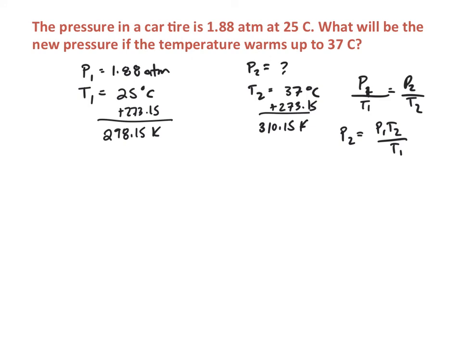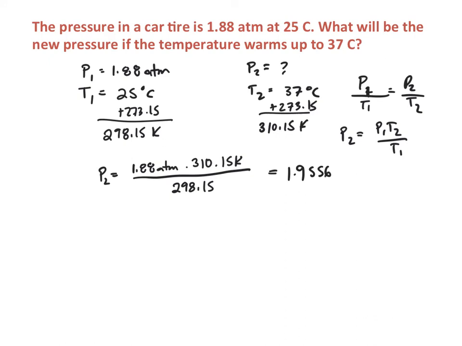Now we're going to plug in our variables, and if we plug this into our calculator, we get the following answer. Significant figure-wise, we're going to end up with 3, so we're going to end up with 1.96. Units-wise, Kelvin and Kelvin are going to cancel, and we end up with our units in atm.